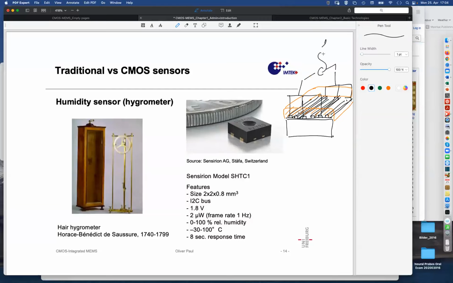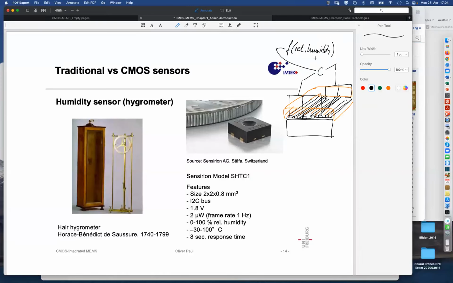So this is a function of humidity, or I should say relative humidity. I'll write it somewhere else. Is a function of the relative humidity. So that's the principal sensor idea.